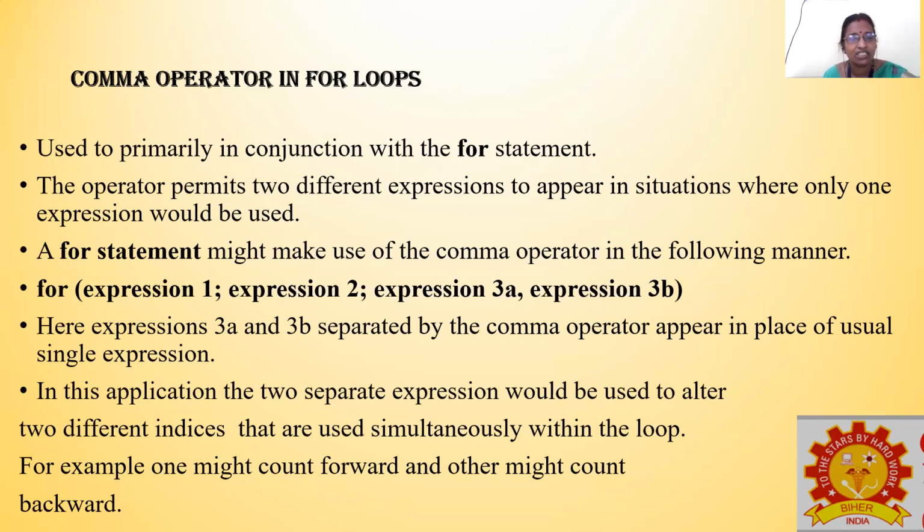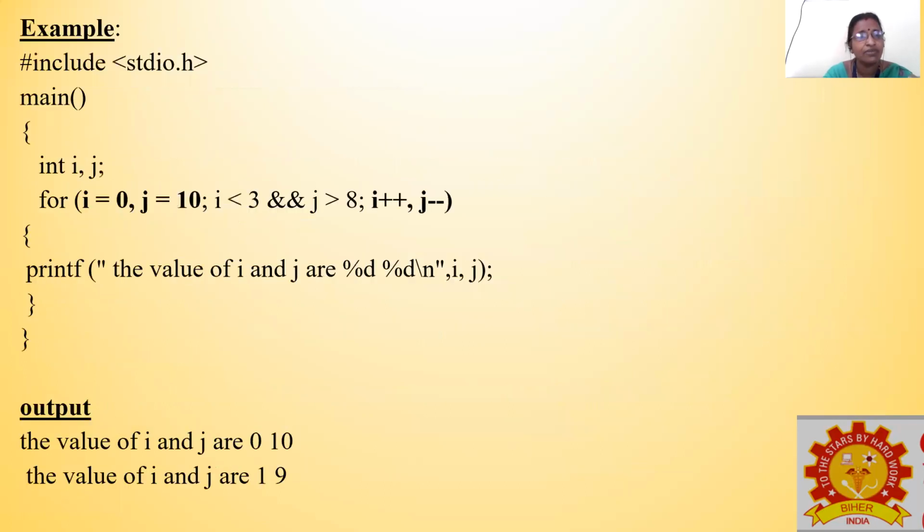In this application, the two separate expressions would be used to alter two different indices that are used simultaneously within the loop. For example, one might count forward, the other might count backward. How it is deployed, we are going to see with an example. In this example, see the for statement.